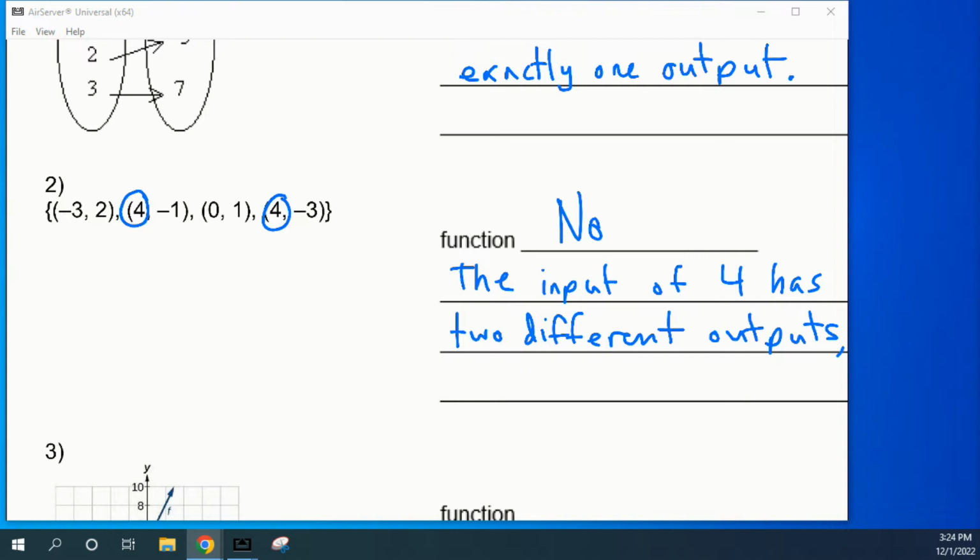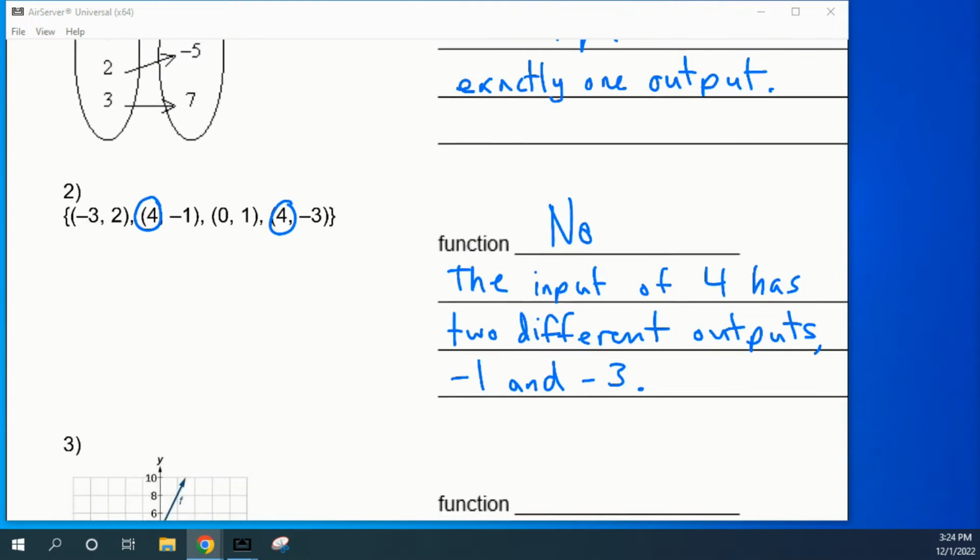And I'm just going to list those. One of the outputs would be -1, and the other output would be -3. That's going into quite a lot of detail. You don't really need that much detail. You could just tell me that not every input has exactly one output, or that one of the inputs has more than one output. Any of that would work. All right, that takes care of 2.